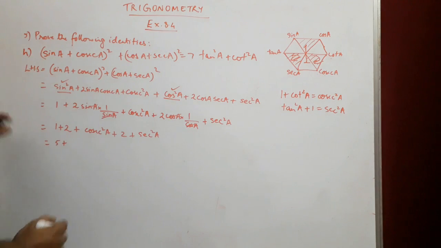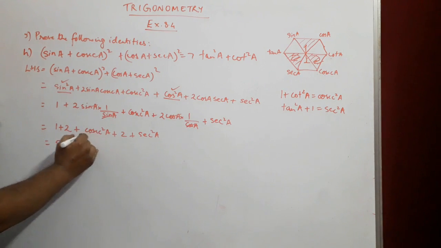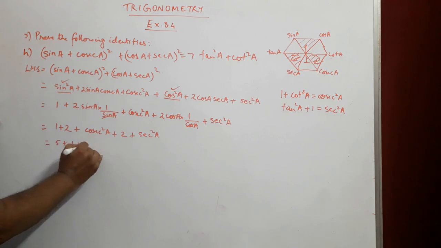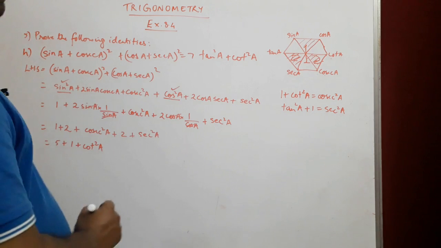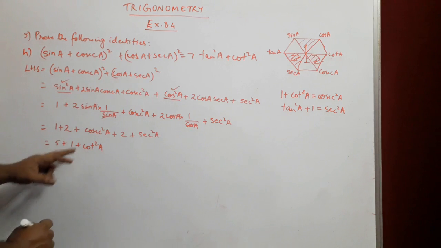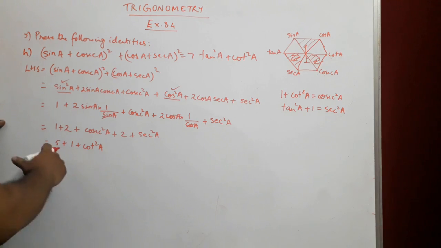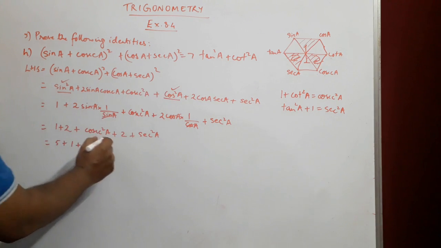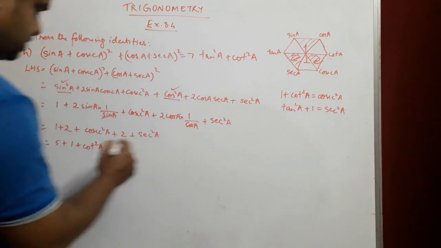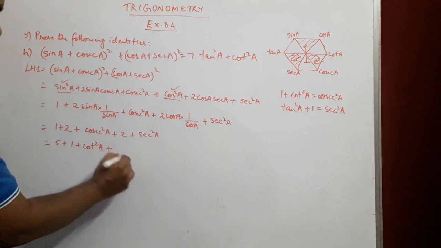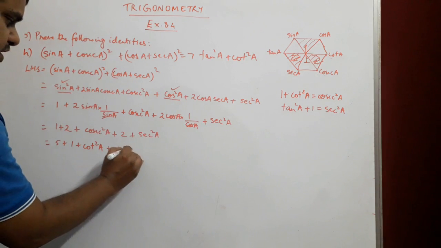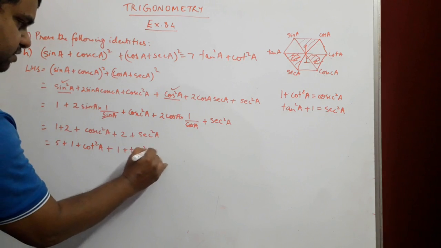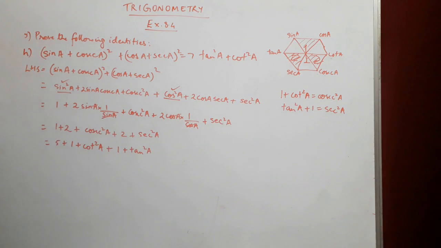So cosec square A can be written as 1 plus cot square A. We are interested in getting this 7 somehow. The more ones we get, the better it is. Sec square A we can write as 1 plus tan square A. Tan square A plus 1 or 1 plus tan square A is the same.